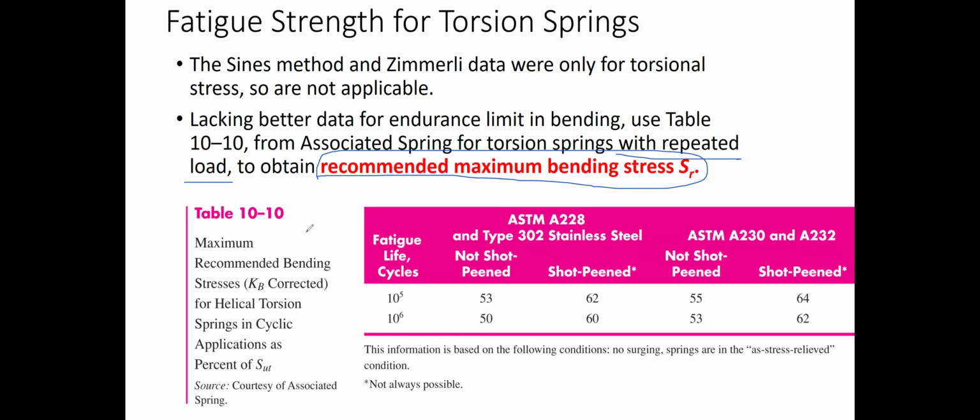This table represents the maximum recommended bending stress for helical torsion springs in cyclic loading as a percent of SUT.